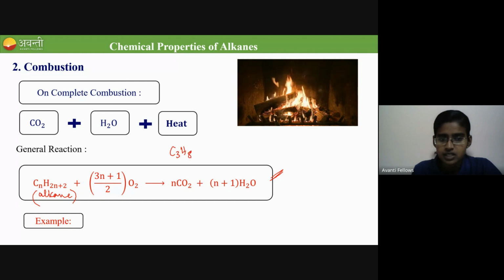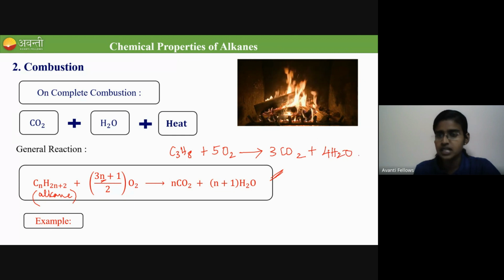C3H8 is reacting with, so substitute the n value as 3 here. 3 into 3 becomes 9, 9 plus 1 is 10, and 10 by 2 is 5, right? So C3H8 will react with 5 moles of oxygen to give 3 moles of carbon dioxide plus 3 plus 1 is 4 moles of water.